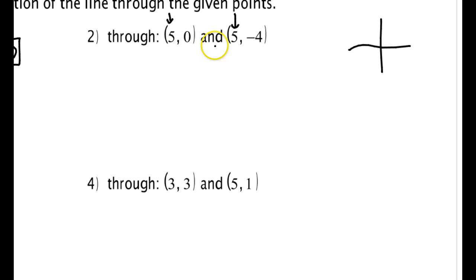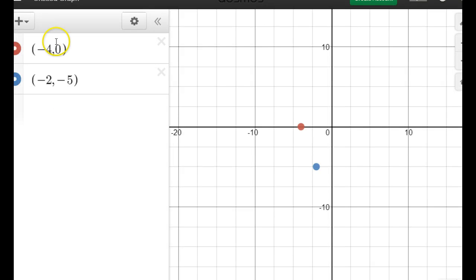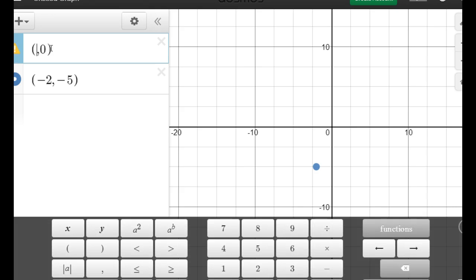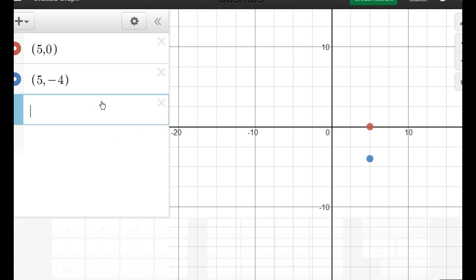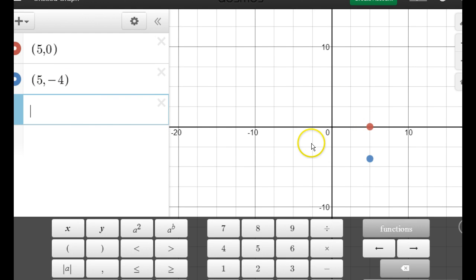Okay, so 5, 0, that's right. Let's say it's right there. And where's 5, -4? Right below it. Okay. So 5, 0 and 5, -4. Now, what kind of line will go through this?